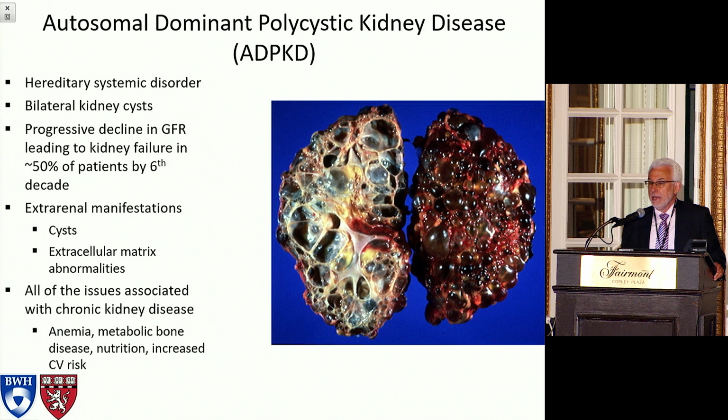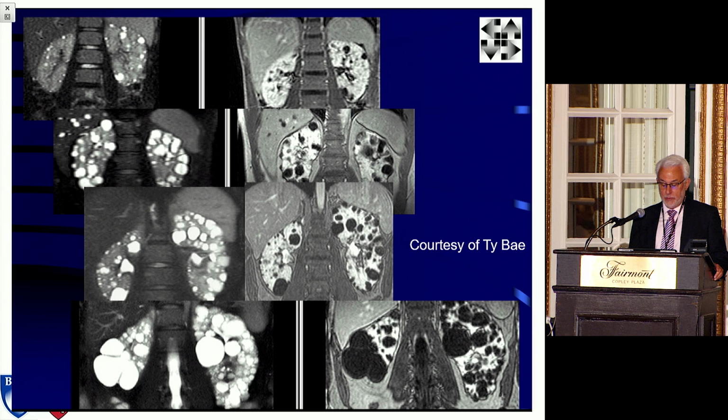In addition, there are extrarenal manifestations, cysts and extracellular matrix abnormalities. Cysts primarily affect the liver, and extracellular matrix abnormalities can lead to cardiac valvular defects or intracranial aneurysms. And if that weren't enough, all of the issues associated with chronic kidney disease, including anemia, metabolic bone disease, nutritional disorders, and increased cardiovascular risk.